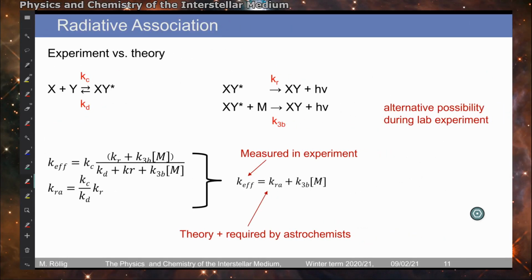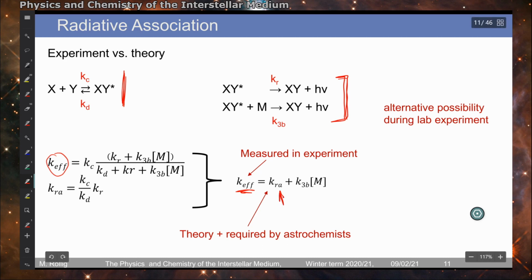Just to give you an idea how experiment compares here to theory, this is the reaction that we were talking about, and typically the rate coefficient is determined by the ratio between the back and forth reaction. But in our lab, we will have a mixture of these two reactions actually taking place, so that we will find an effective rate coefficient that mixes the two possibilities, and this is actually what is measured in the experiment.